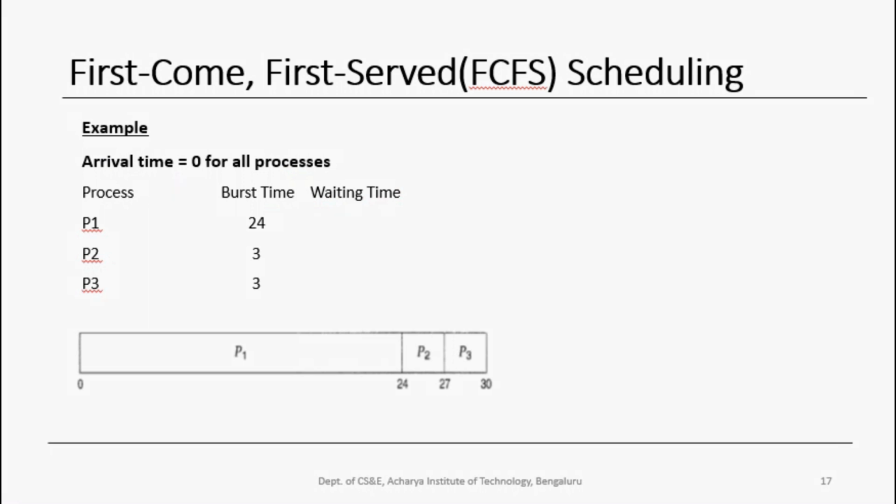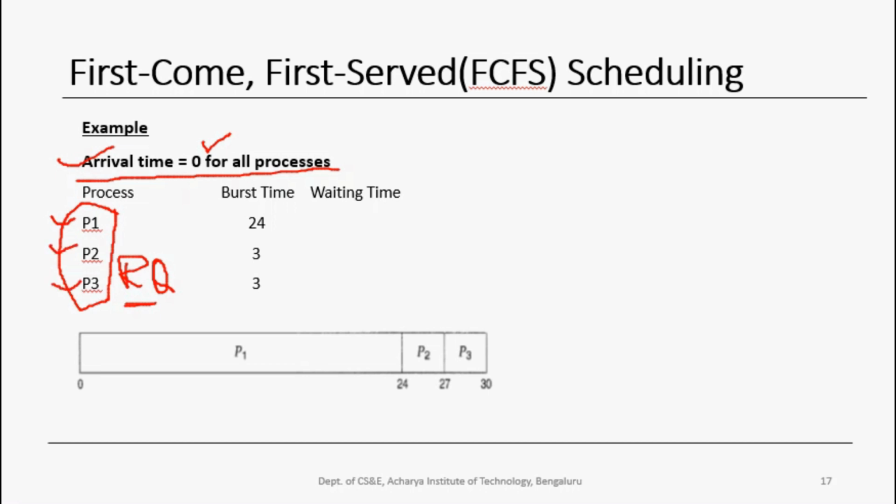Let me take this example. In this example, I have assumed that three processes come into the ready queue all at time 0. That means all these processes come into the ready queue at more or less the same time, but in this order: P1, P2 and P3.